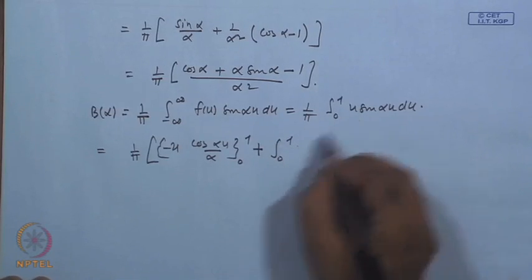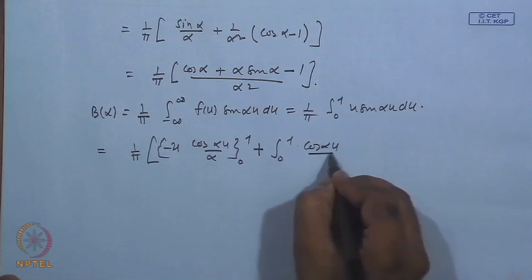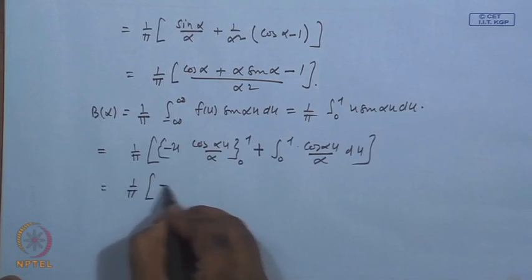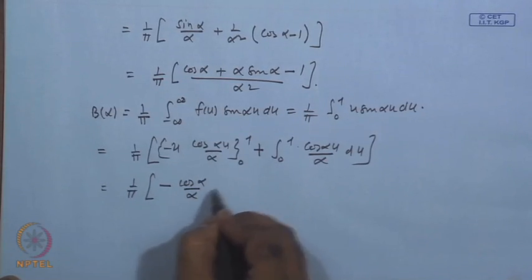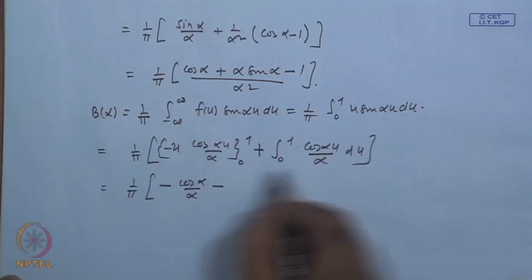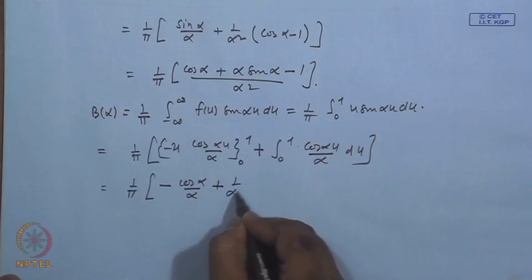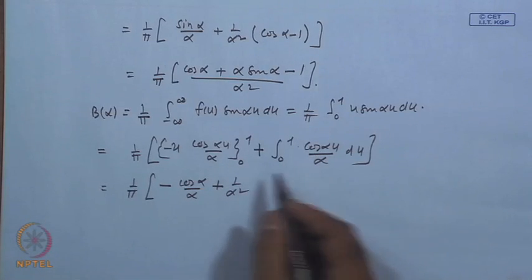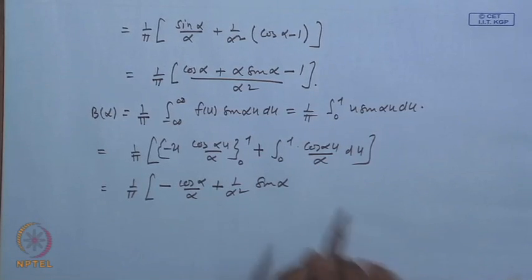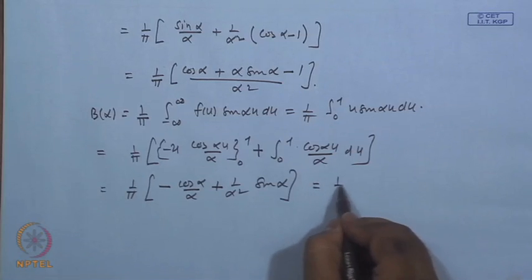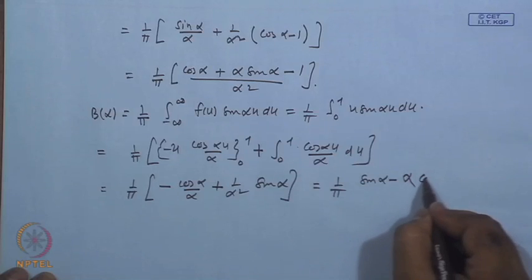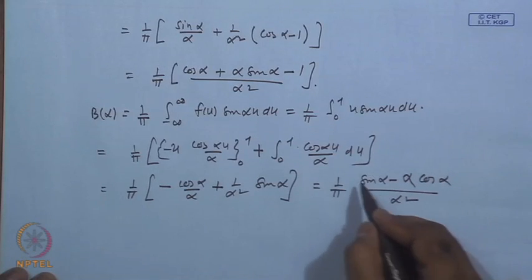Here u gives 1, so we have cos αu over α du. We get 1 over π, minus cos α over α, plus 1 over α squared sin αu; at u equal to 1 we get sin α, and at 0 we get 0. So, this is nothing but 1 over π, sin α minus α cos α over α squared.